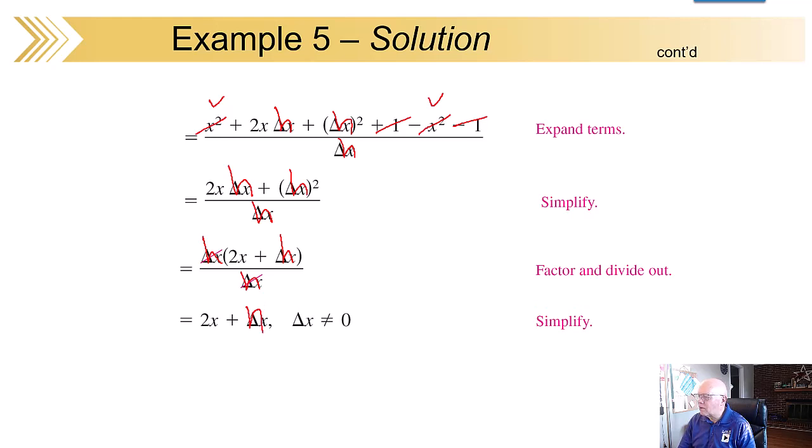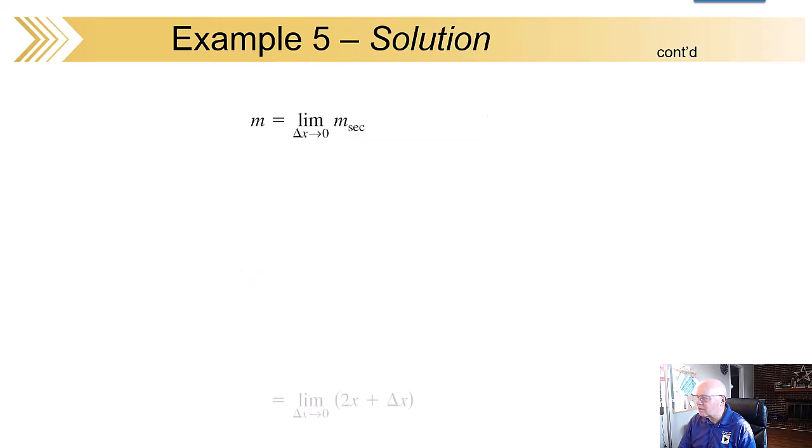Now remember, we're taking the limit, so we're going to let h approach 0. Well, if h approaches 0, but not 0, but close to 0, what do we have left?